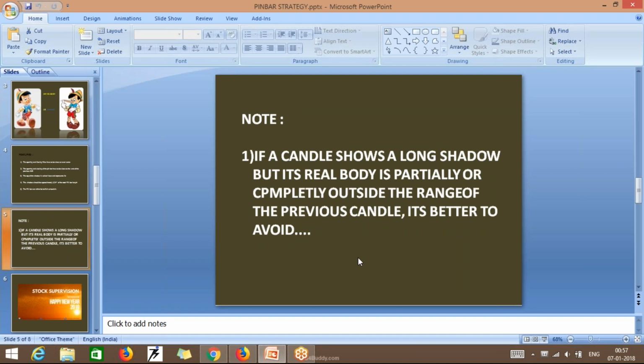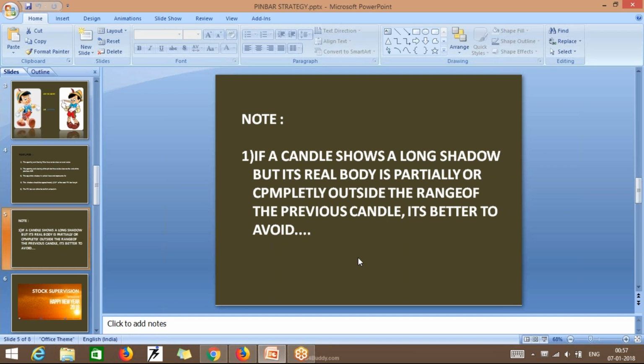The very important thing is, please note this down. If a candle shows a long shadow, like we have already discussed, if a candle has a long shadow and it's two-thirds of the total pin bar, then it's definitely relevant.